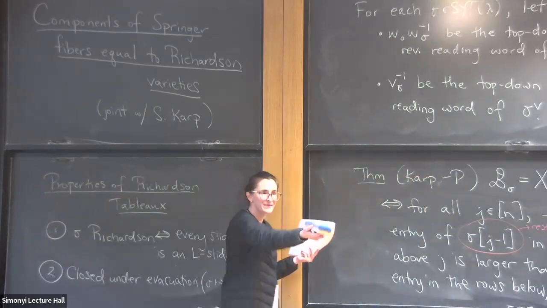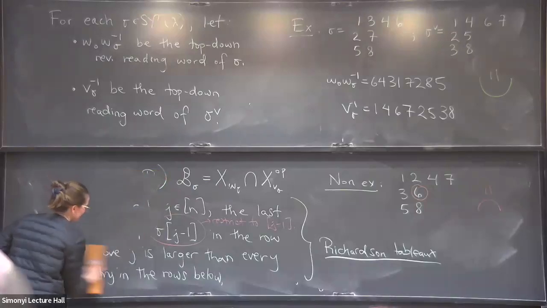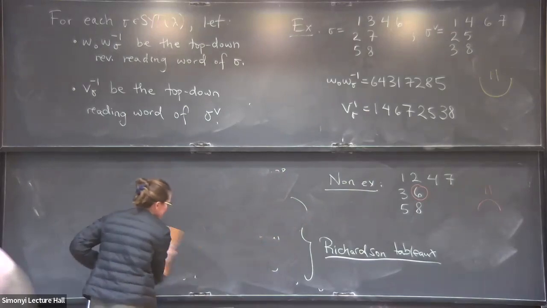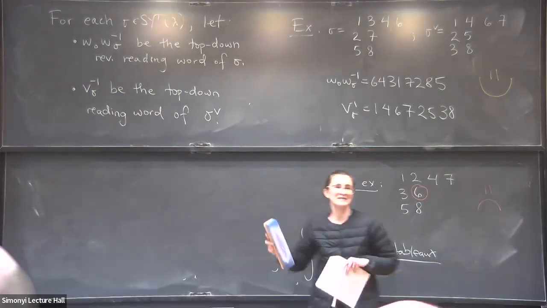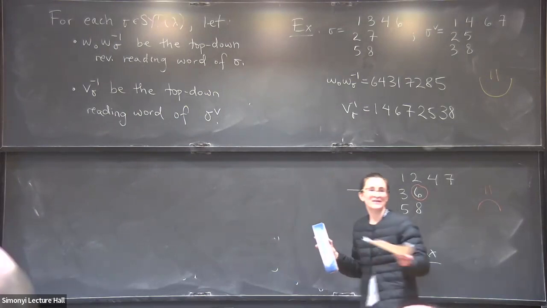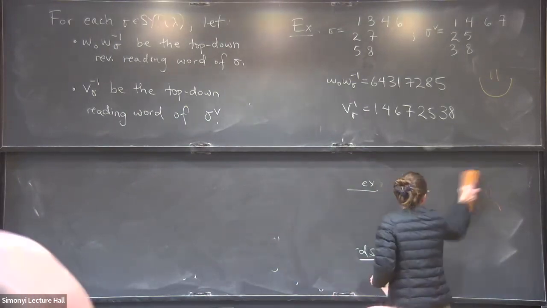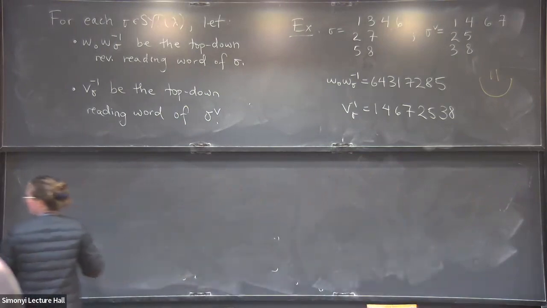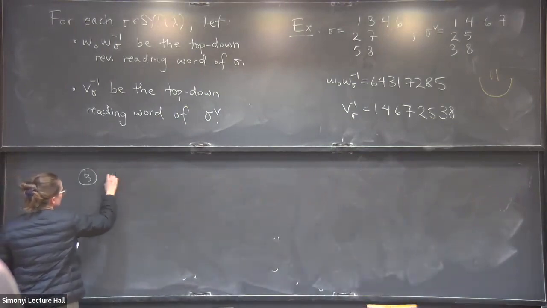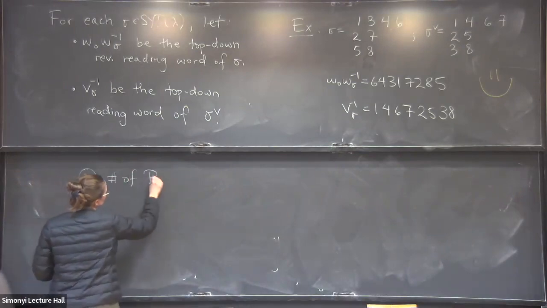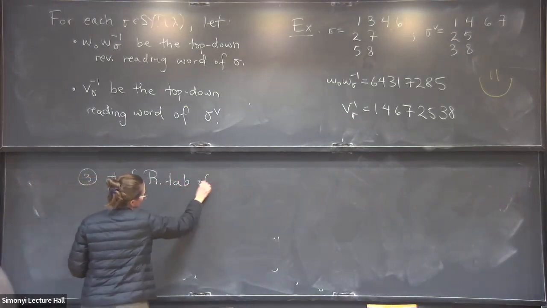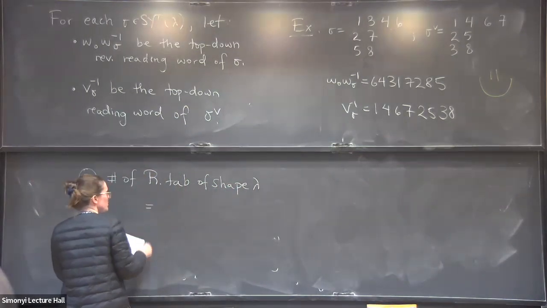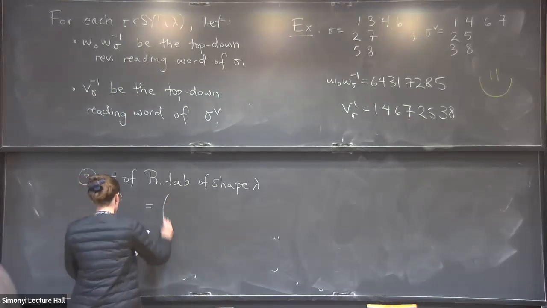let's enumerate them, okay? I think something very surprising is that this formula exists. At first this seems a bit shocking, but the number of these tableaux of shape lambda is equal to the following product of binomial coefficients.